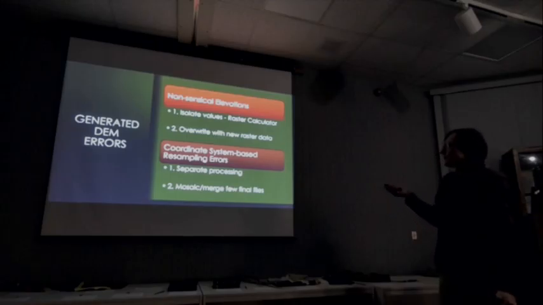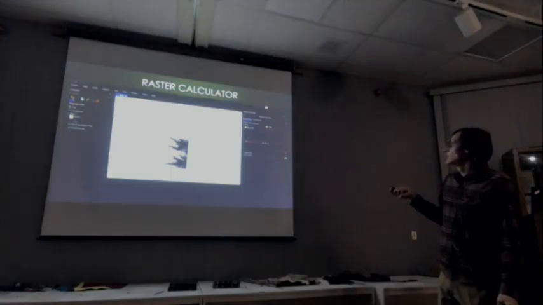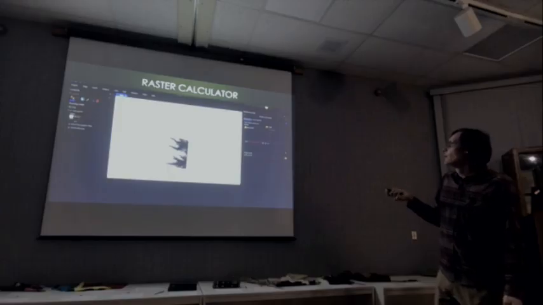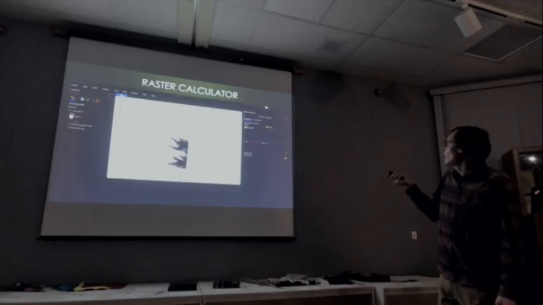in the resampling errors. So here is a raster calculator window opened in ArcGIS Pro, and you can see here that one of the values is negative 0.3 meters above mean sea level in Perkins County, which I thought was obviously wrong.